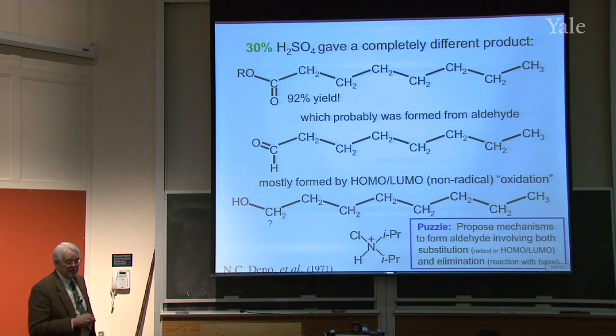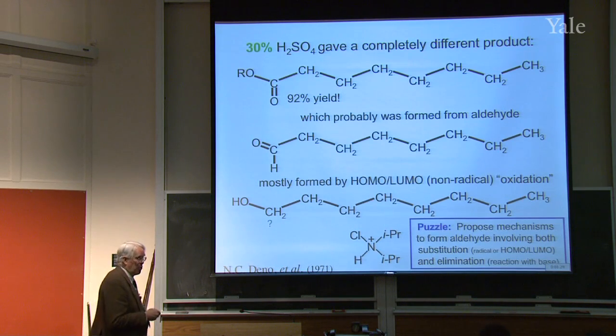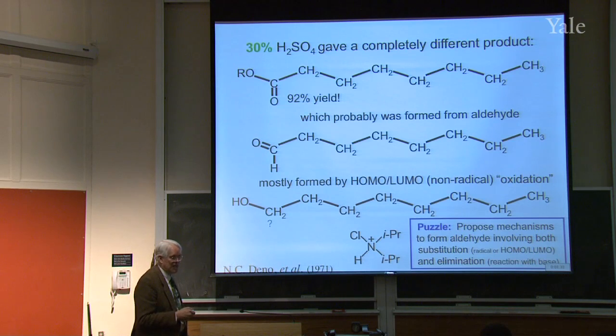And this is that puzzle that's your other problem for a week from today, since we're not having a class on Monday, or, pardon me, next Wednesday. The puzzle is to propose mechanisms to form the aldehyde involving two steps, a substitution but also an elimination reaction with a base.